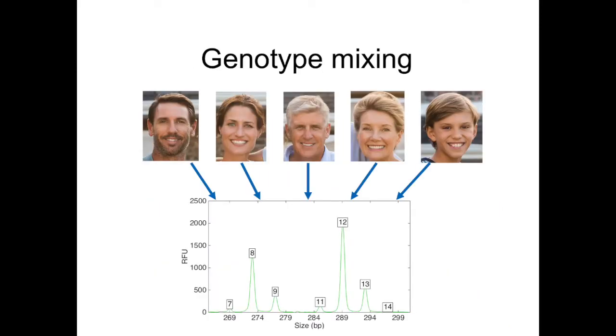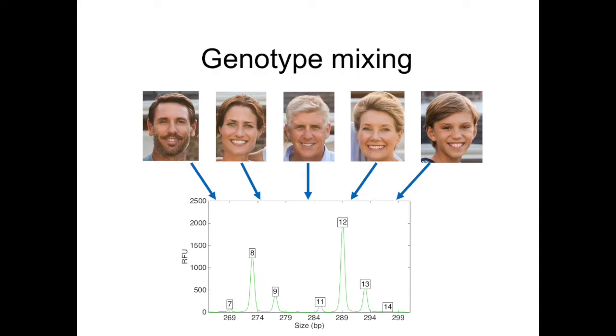DNA mixtures arise when multiple people contribute their DNA genotypes to the same evidence item. Here, in this example, we see 5 different people, all of whom are related, leaving their DNA together in one mixed sample.